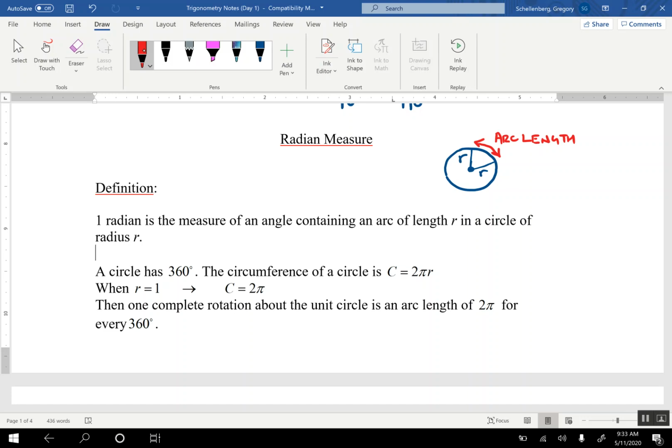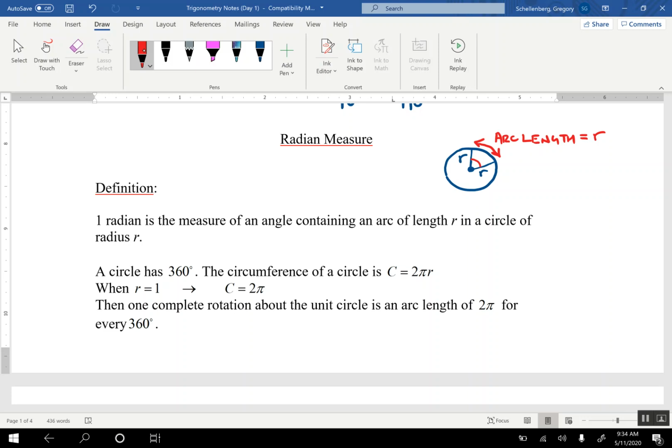Okay, so 1 radian is this angle right here if the arc length is equal to r. Okay, so we've got the radius of the circle is equal to the arc length. The angle contained in that arc length has a measure of 1 radian.